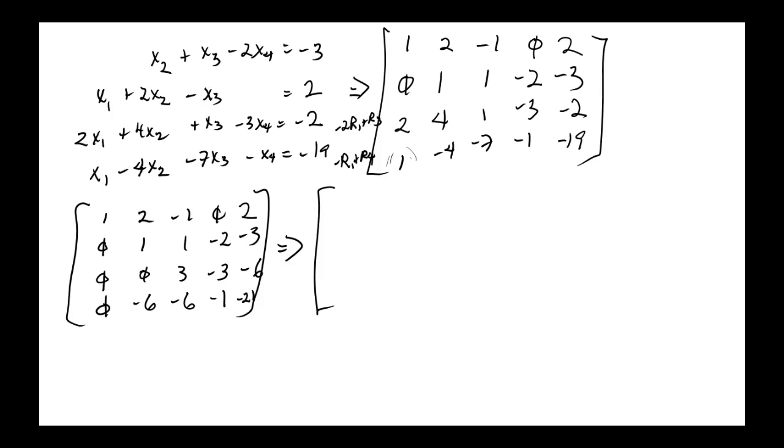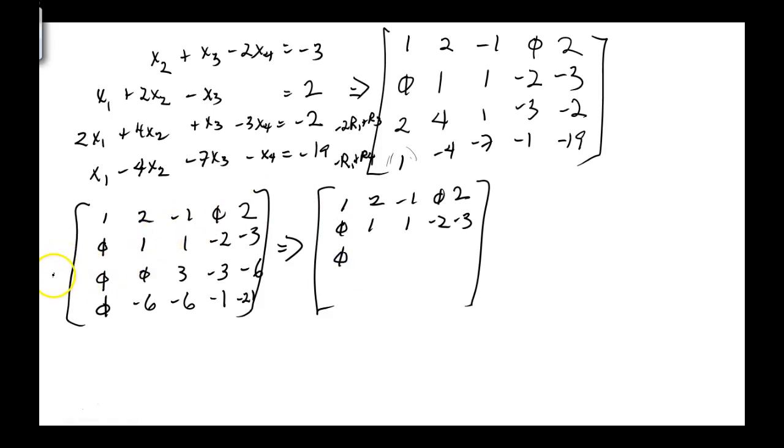So, let's do that. Now, normally what we do is write down the first row, write down the second row, and write down the third row. And we're going to write down the first 2. 1, 2, minus 1, 0, 2, and 0, 1, 1, negative 2, negative 3. But rather than writing down row 3, which we're not operating on now, let's do what you suggested and divide.